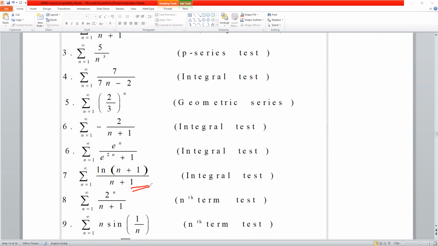So easily we can solve this problem. Okay, let us move.